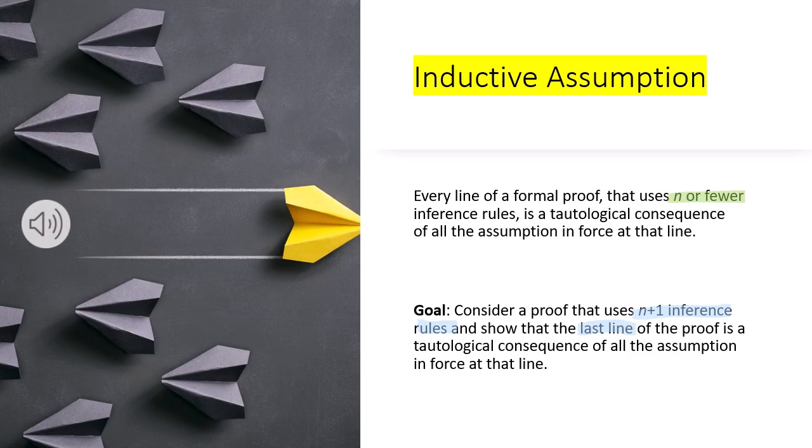And then I'll highlight in blue the lines that we're trying to prove are tautological consequences. Again, we'll be able to assume that the ones in green are tautological consequences. And this is where we'll start using the transitivity of tautological consequence that we mentioned, I think, maybe in the first or second slide of this video.